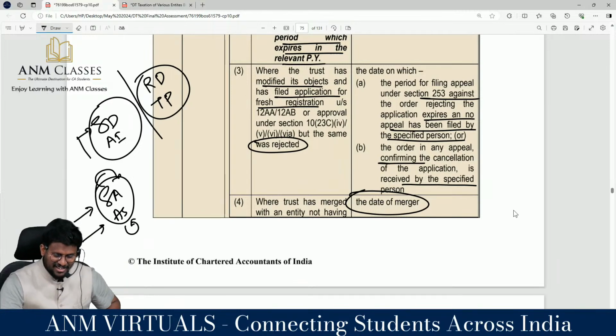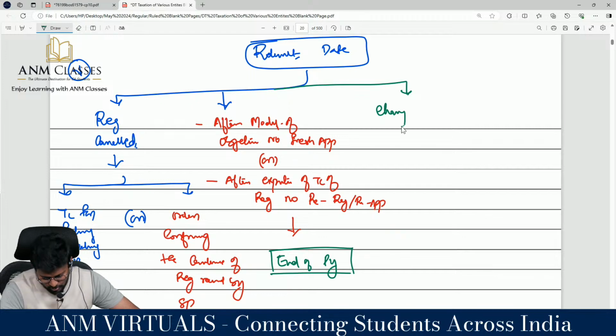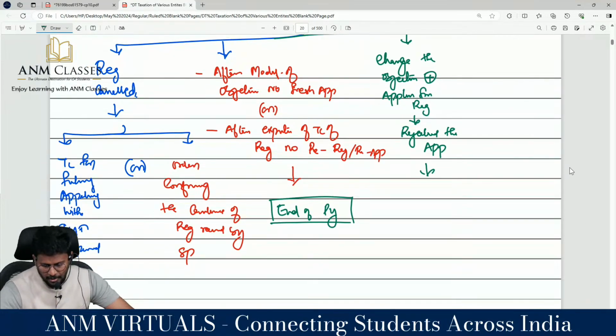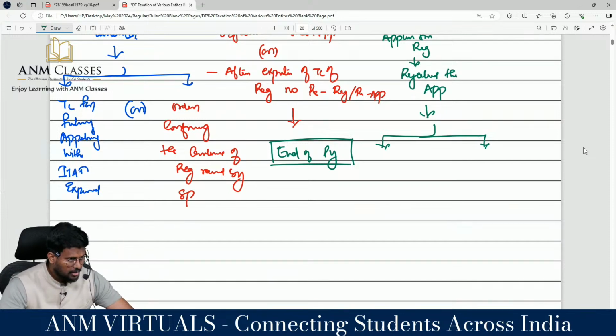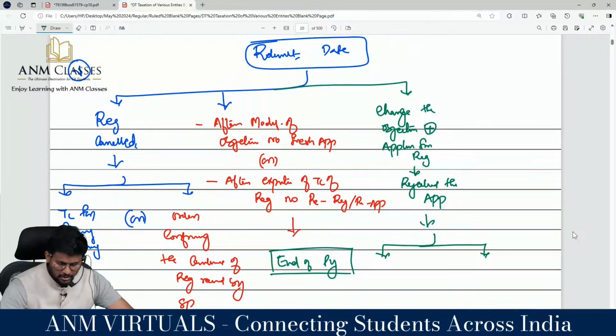Third one: you have changed the objects of the trust and applied for registration, but they have rejected the application. Then you again have two options.